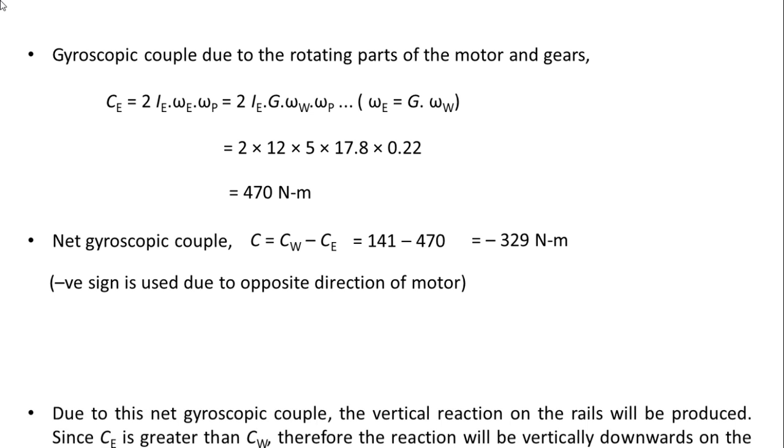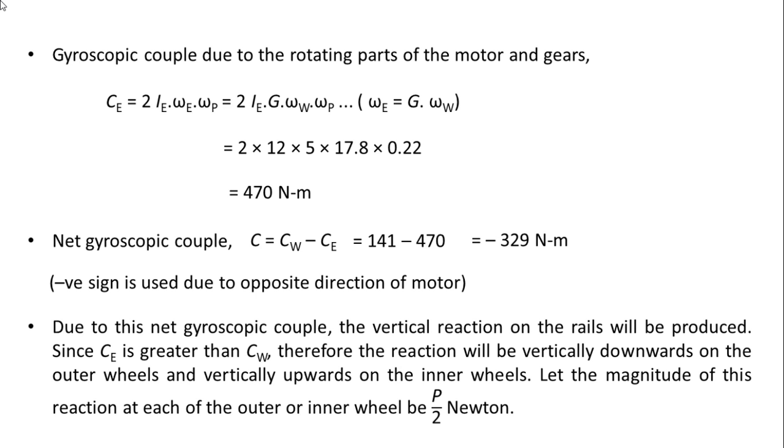Due to this net gyroscopic couple, a vertical reaction on the rails will be produced. Since CE is greater than CW, the reaction will be vertically downwards on the outer wheel and vertically upwards on the inner wheel. Normally in the derivation, you saw the outer wheel has a vertically upward reaction and the inner wheel a vertically downward reaction.